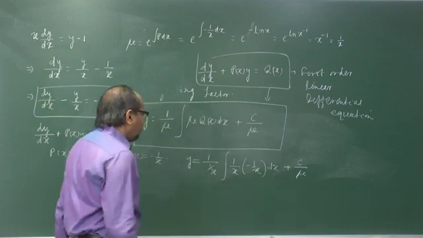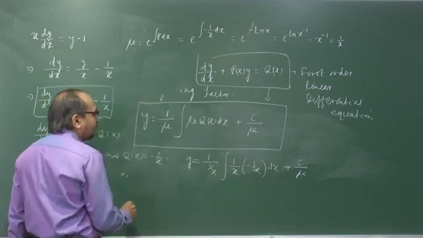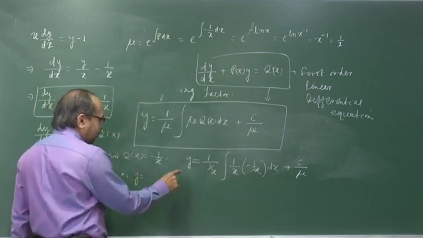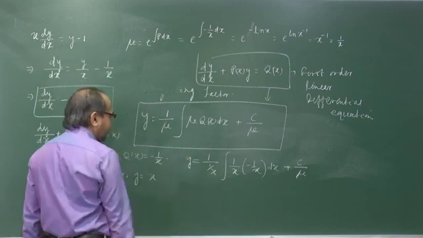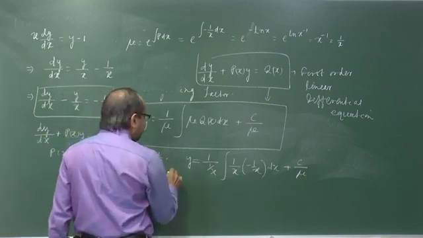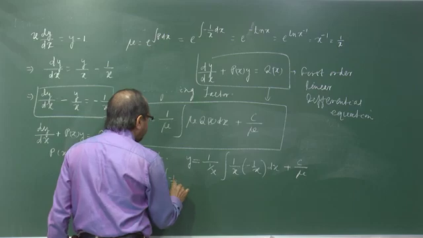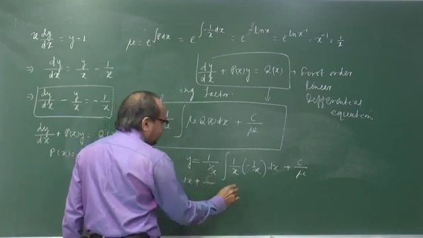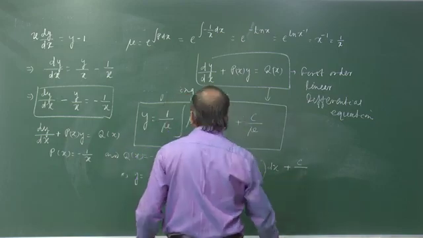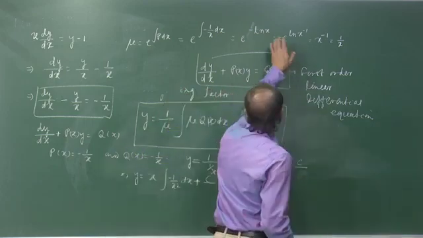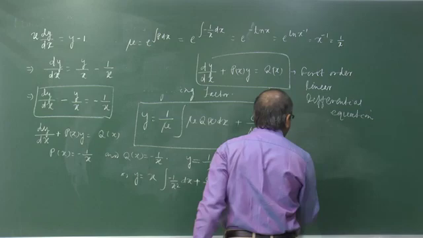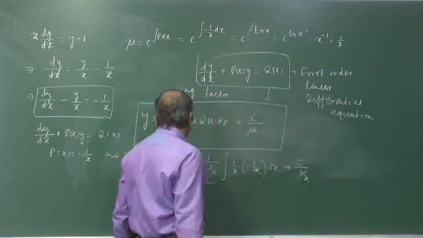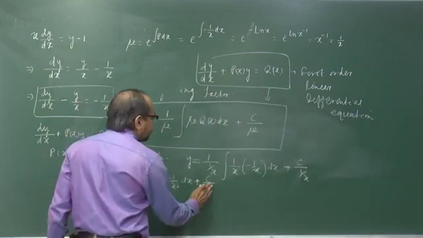Okay. Or y is equal to x into integration of minus 1 by x square dx plus c by mu. In the place of mu we have to put 1 by x. So, c by 1 by x.